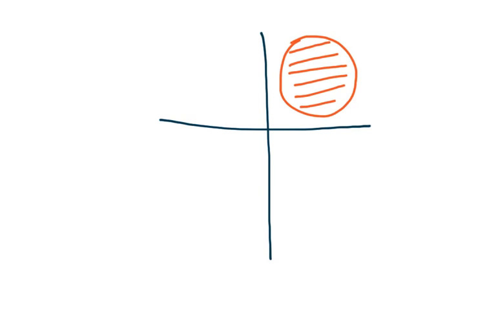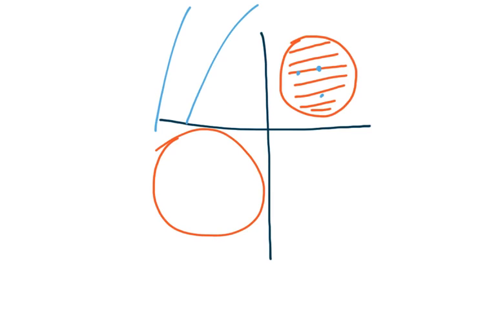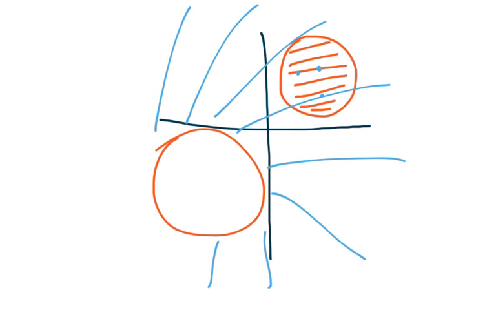Now, if you wanted to get really fancy, you could do a circle. Let's say it was shaded on the inside. Where would a solution be? Anywhere on the inside. But if I had another circle and it was shaded on the outside, then the solution would be anywhere on the outside.